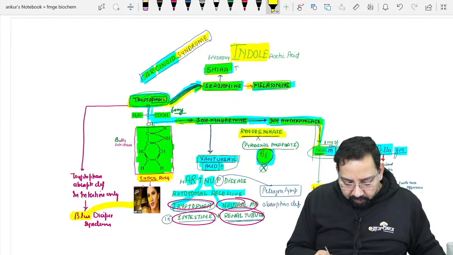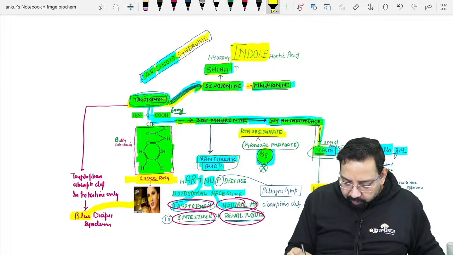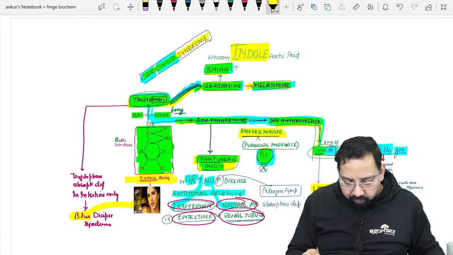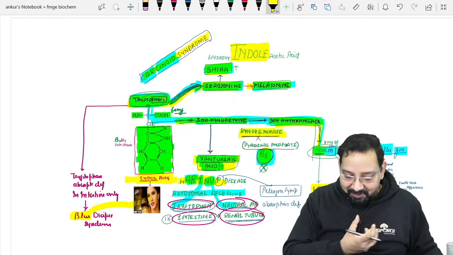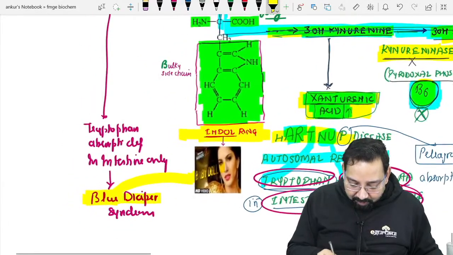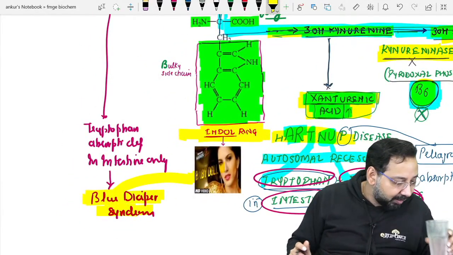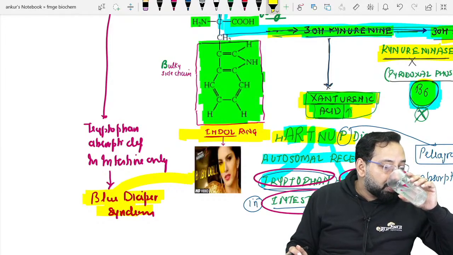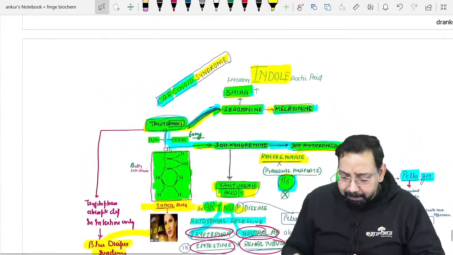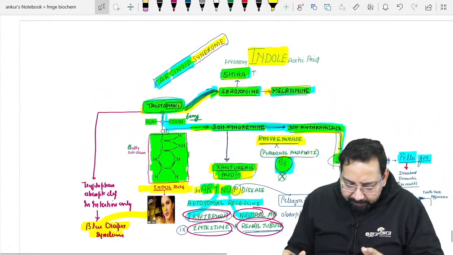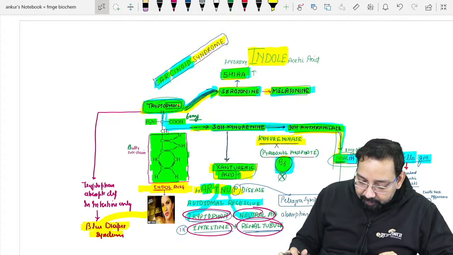Tryptophan, Baby Doll, Nia Sharma, Antara Mali, Maruti Jain, xanthurenic acid, Maruti Jain. Yes, Hartnup. When you see these types of movie, your heart nubs. Okay, blue diaper. Everything is related. And this is a pure coincidence.